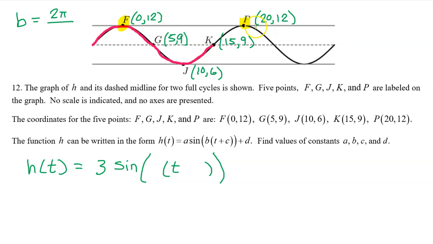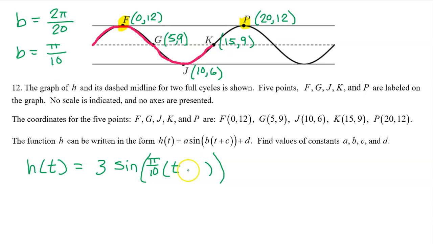So that's going to give me the period of 20 immediately, 20 minus 0. So the period is 20. So B is 2 pi divided by 20, which simplifies down to pi over 10. So that's the B value, which goes right here.